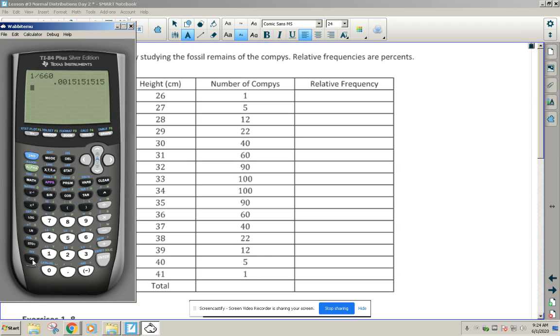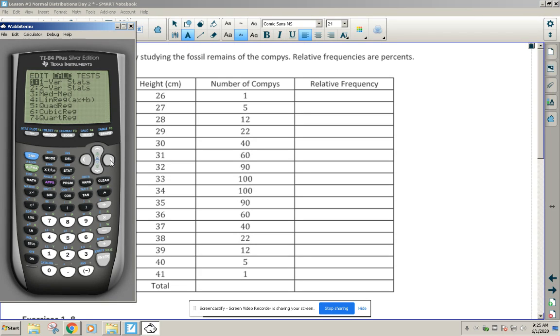Now, when you have this in, which I did before, you would now make sure that you go stat, calculate, variable statistics. Now, if you have a new calculator, when you do this, you end up at a table like we had said before, that says list, and it says L1.